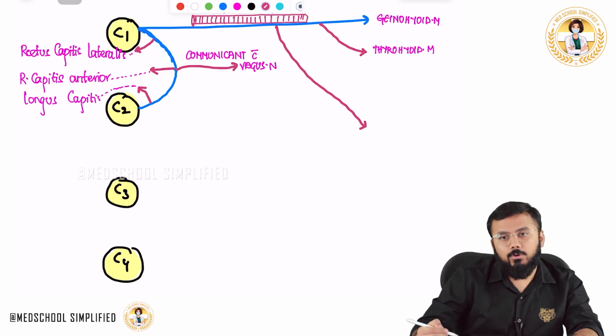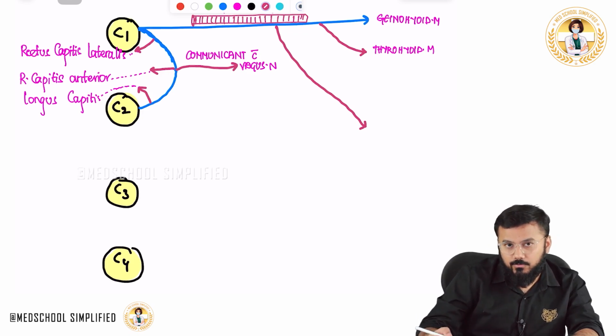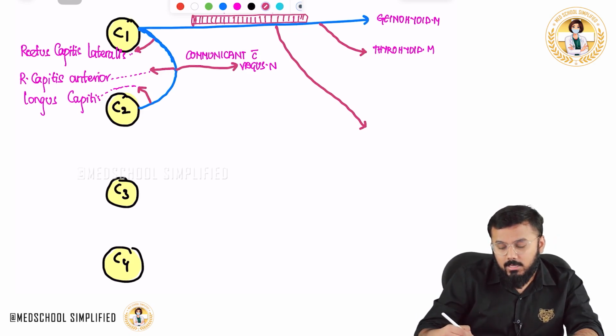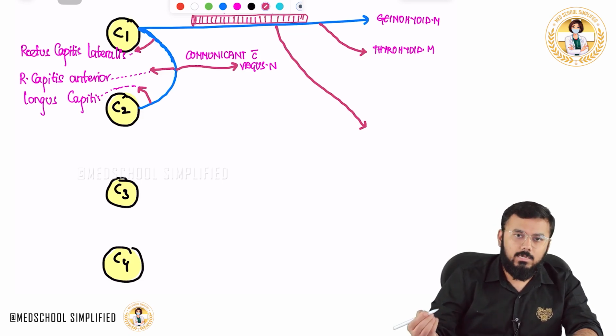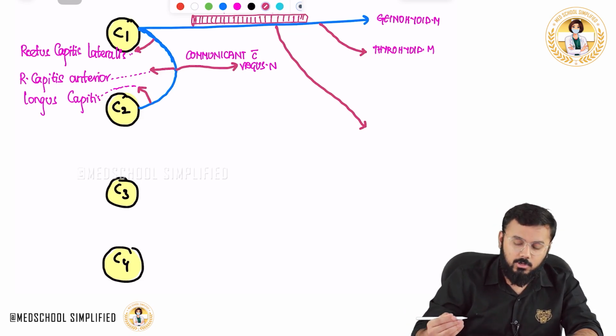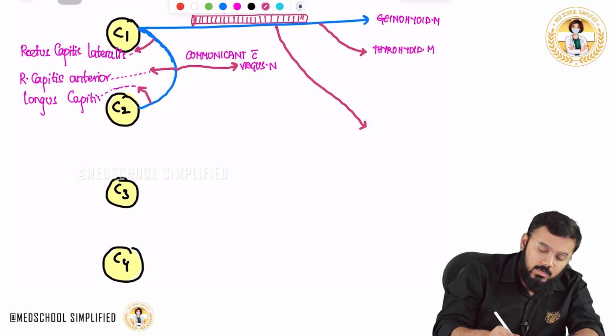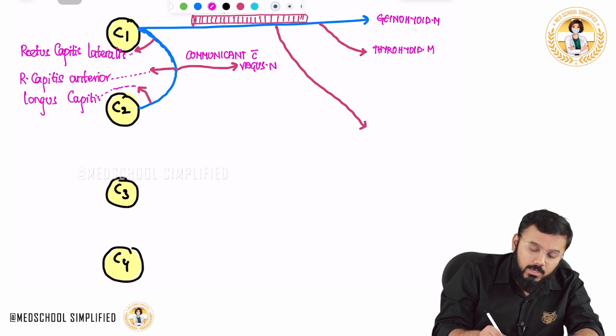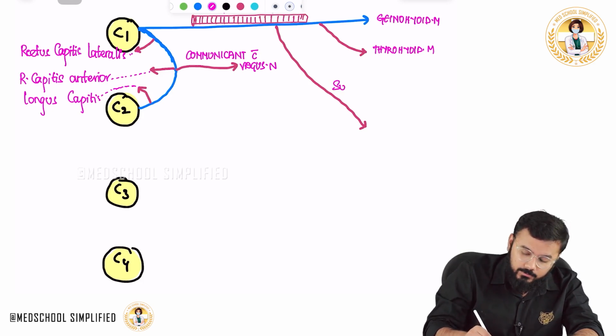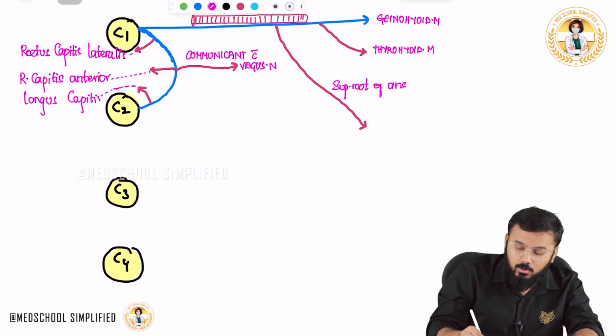So what I am going to tell you here is that from this Ansa cervicalis, you see multiple branches that are coming out and they supply different muscles. So let us see how Ansa cervicalis is formed. So first, this branch which has come out is called the superior root of Ansa cervicalis.